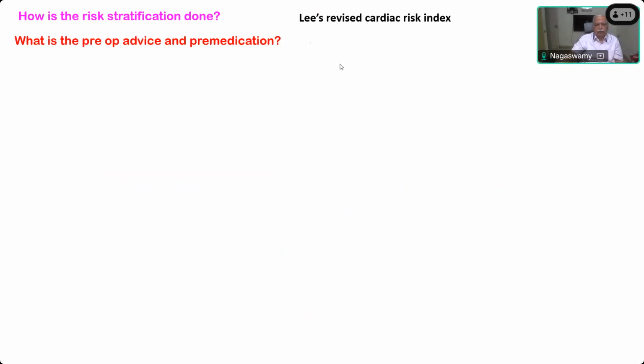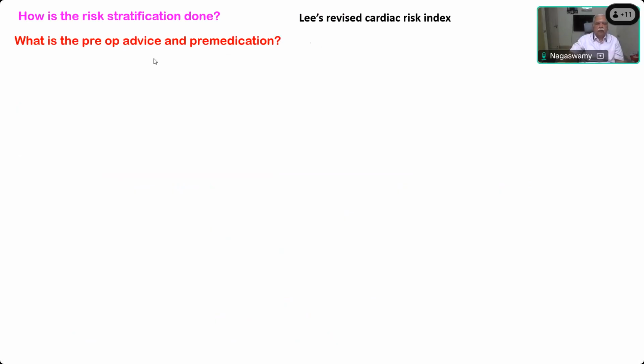What is the percentage of mortality based on the Lee's revised cardiac index? One risk is about 1%. Then 2 it goes to 5, then 3 it goes to 7. Like that it goes on increasing, isn't it? So based on that you have to get the consent, and it's not always a high risk consent for every ischemic heart disease patient. Okay.